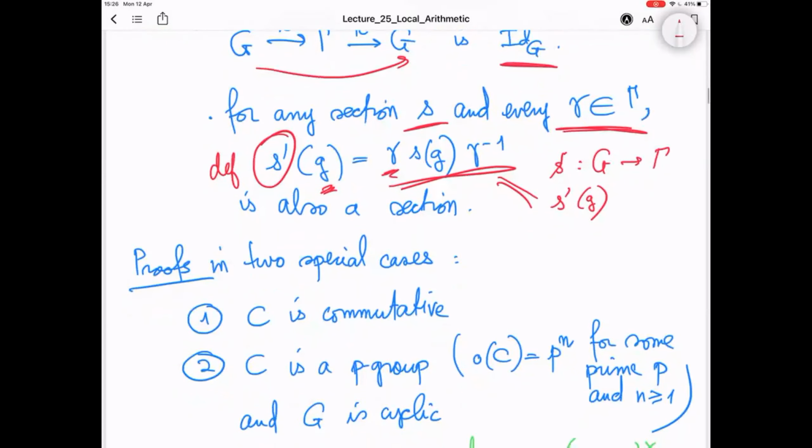Then I've defined this map S prime, and it is easy to check that this is also a section.